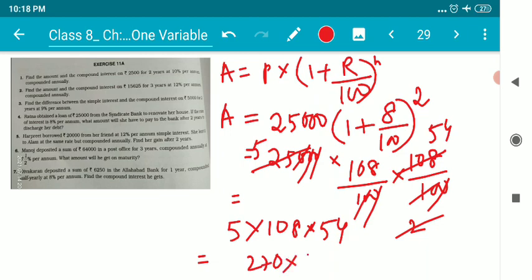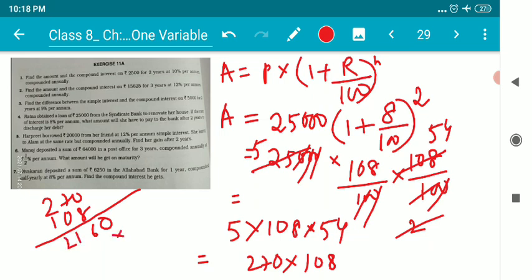270 into 108. So 270 and 108, let us multiply. Let's see how much comes. It will be 0, 0 and 0. Next one is 2160.